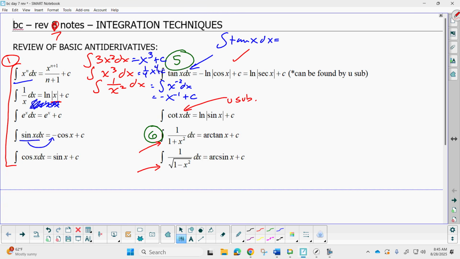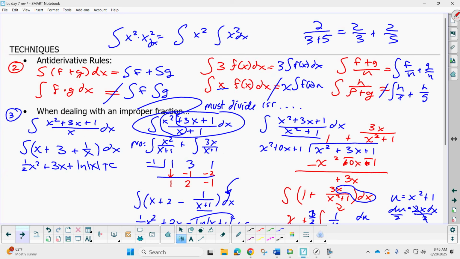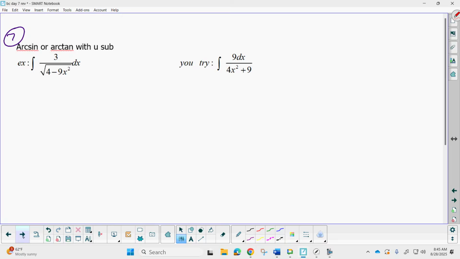And here we go. Jump down with that to a little more ugly, like this. Is this still in the front, or is this the back now? Do you see arcsine, arctangent with u sub? All right, cool.